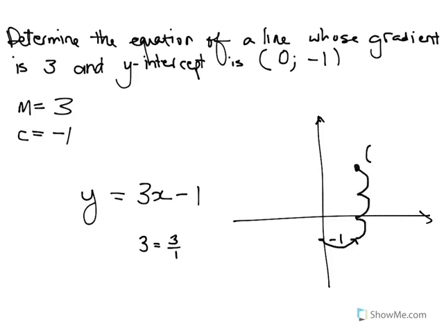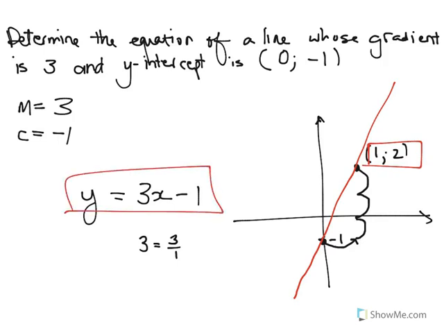So this will be another point on my line. So the x-coordinate will be 1, the y-coordinate will be 2. So my line is going to be a line that passes through these 2 points. And so let me check whether this input-output pair does actually work for this function. So y is equal to, so let's say 3 times 1 minus 1 gives me 3 minus 1, and my output is 2. So happiness. Cool.